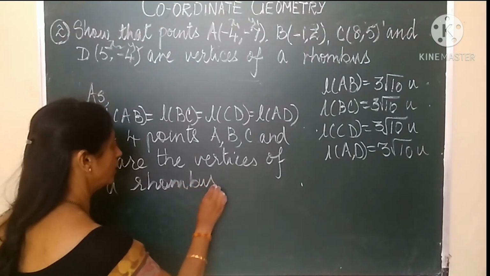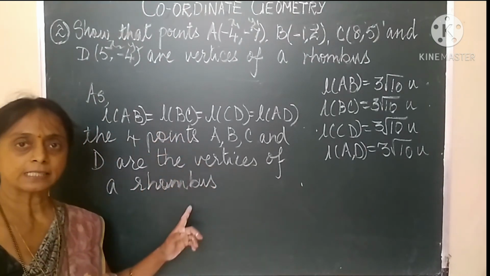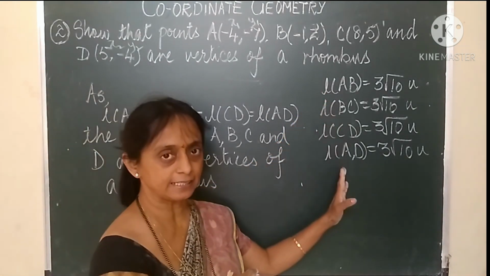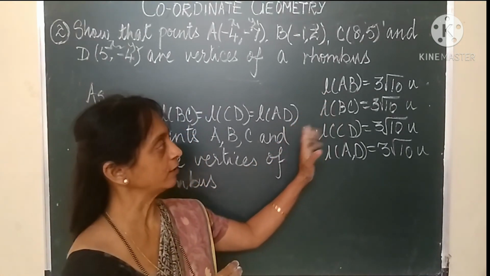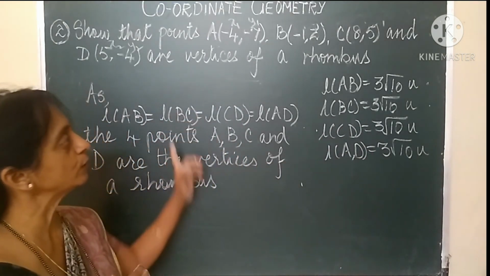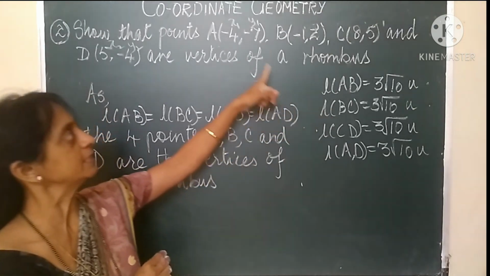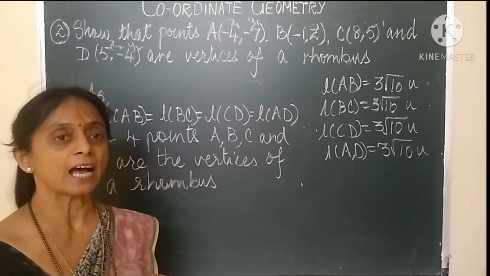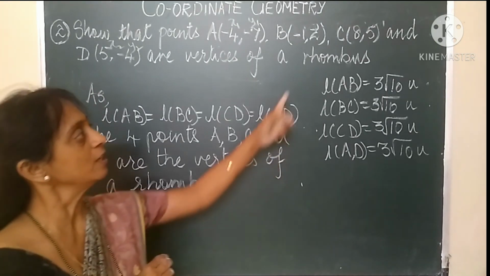So why did we call it as the vertices of a rhombus? Because after calculations we saw that all the four sides making up this quadrilateral are equal, or the four sides are congruent, therefore the given quadrilateral is a rhombus. That means, in other words, A, B, C, D points are definitely the points or the vertices making up this rhombus.